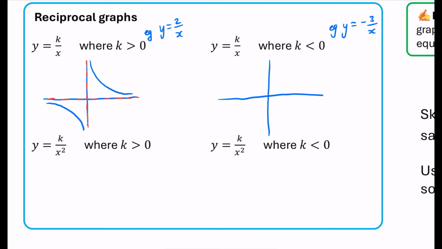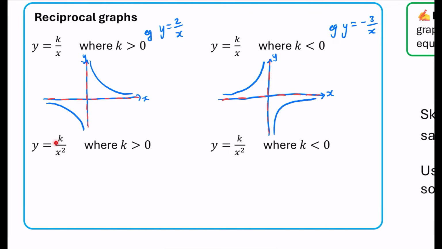For this one, because it's a negative, it's going to be in the other 2 quadrants, in this section and this section here. And again, we have the asymptotes as the x-axis and the y-axis, which we could say is y equals 0 and x equals 0. I suppose if I was being fancier, I should say this is x and this is y, but I don't think they're too fussy about this.